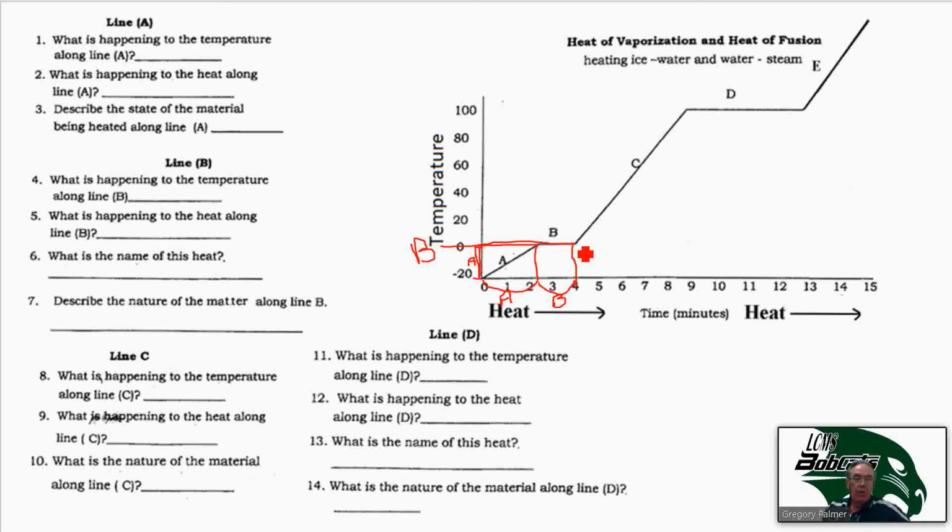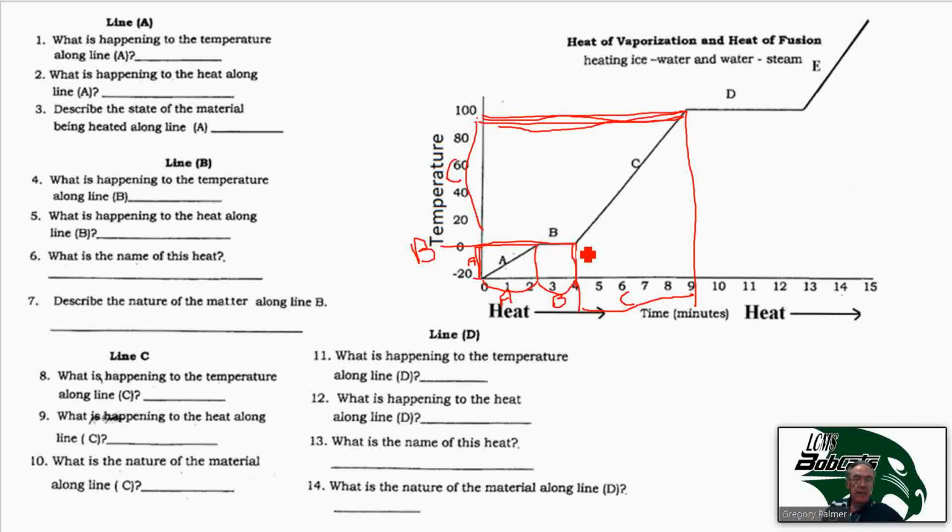It stays at 0. Now, the part of the line that's represented by C on the x-axis starts here and it ends here. This is line C on the x-axis. On the y-axis, this is line C. So line C starts here and it goes up to here on the y-axis.